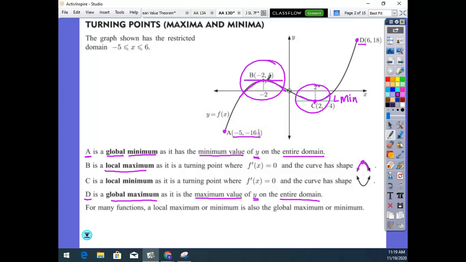Where you see maximums and minimums, there are two places you can see them. They can occur at the endpoints. Notice in this case, they were both endpoints, or at the stationary points, where f prime equals 0. These are the two things we've got to look for.